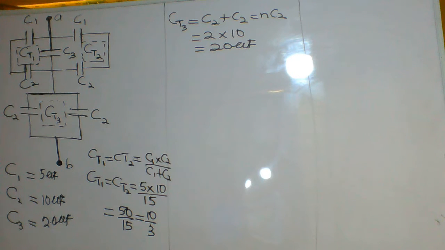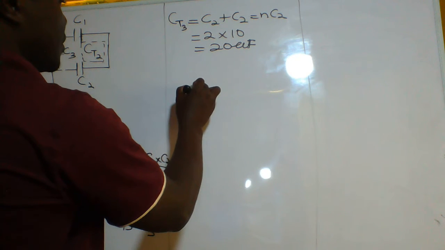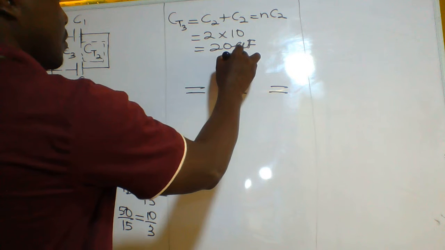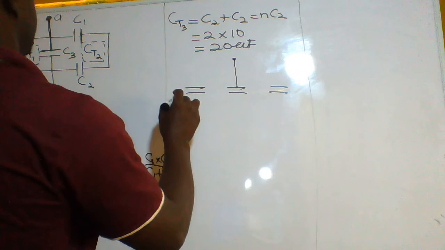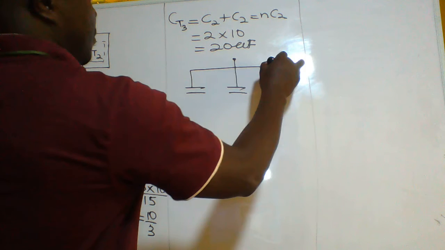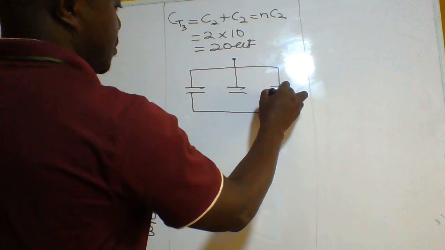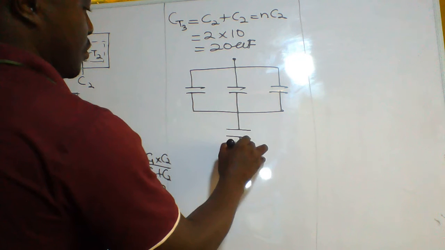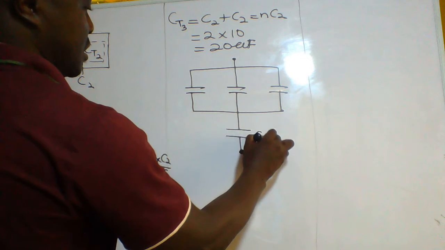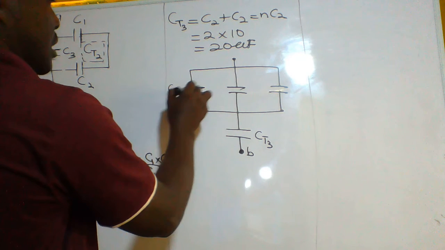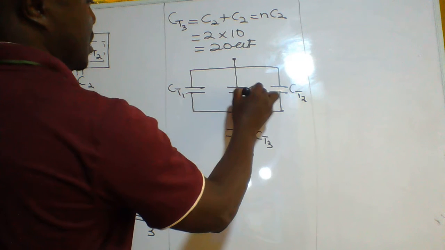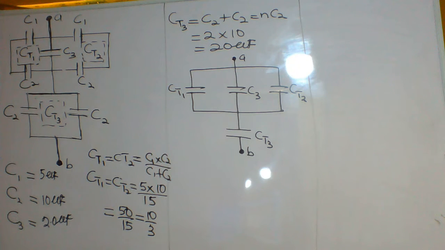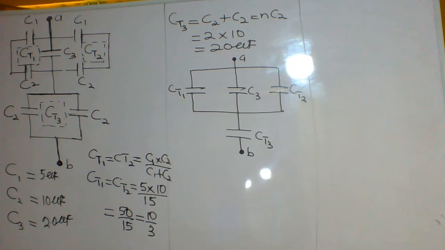Okay, now this is what it looks like. Here's CT3, CT1, CT2, this is C3, this is the point A. So that's what it looks like now.